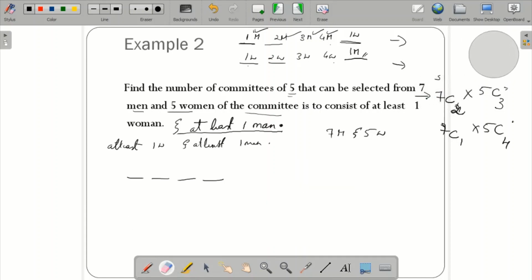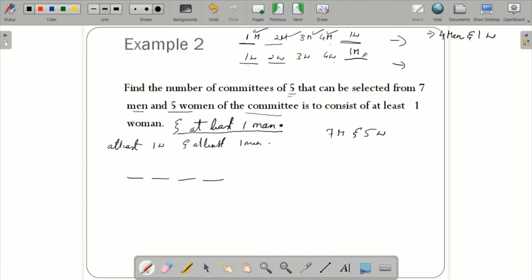I'll write it again here. One condition is I am choosing 4 men and 1 woman. That means 7C4 into 5C1. Next I can choose 3 men and 2 women, so it is 7C3 into 5C2.